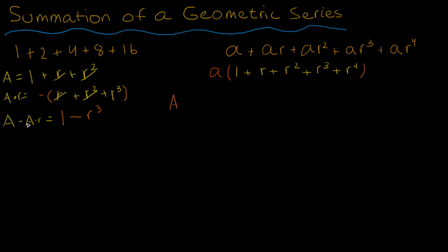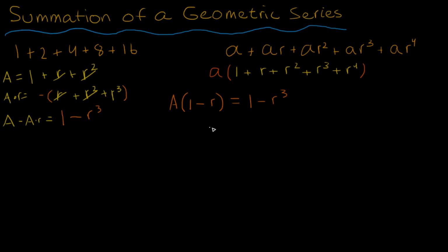So we can write a minus a times r as just a times 1 minus r, because notice that the a distributes to both the 1 and the r. And as we have seen, this is just equal to 1 minus r cubed through our definition over here.